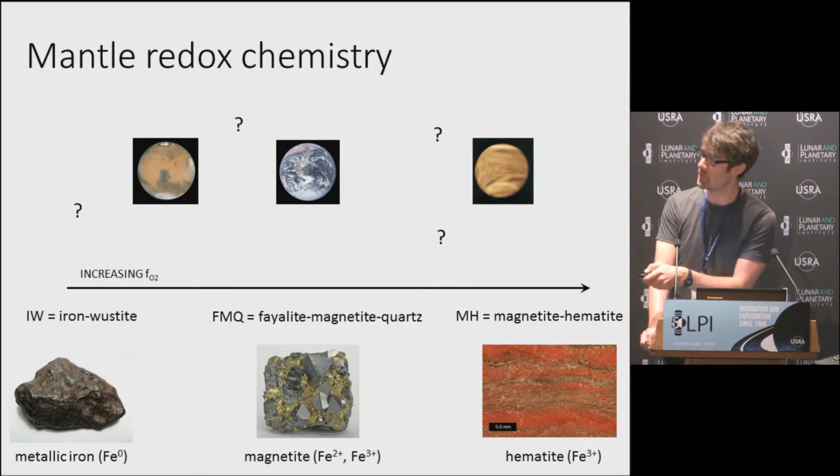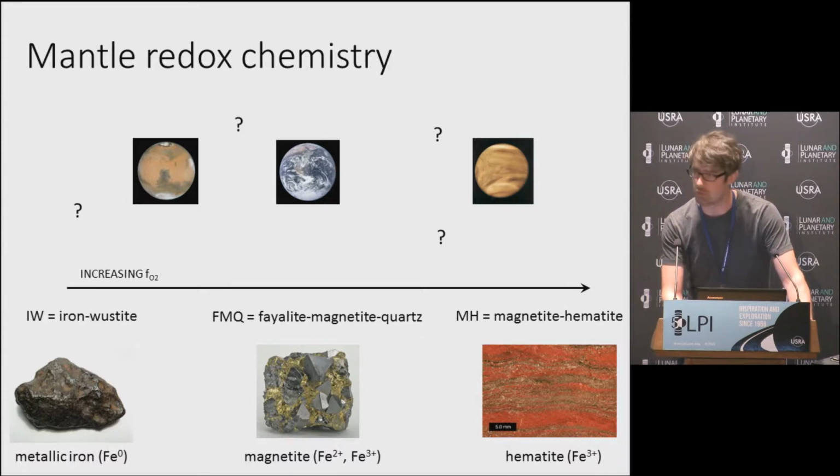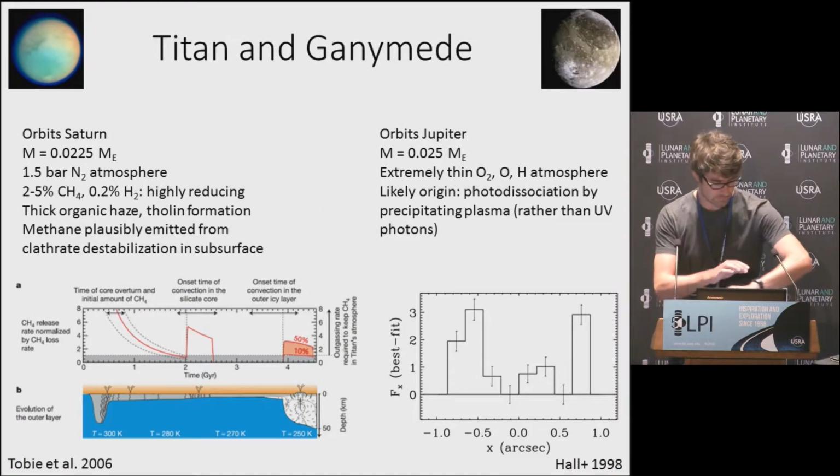I've added a bunch of question marks here because I want to emphasize that I'm basing this, particularly in the case of Venus, on limited data, and I think it emphasizes the point that we need increased data from the solar system. But based on what we have, it looks like there's this trend with orbital distance.